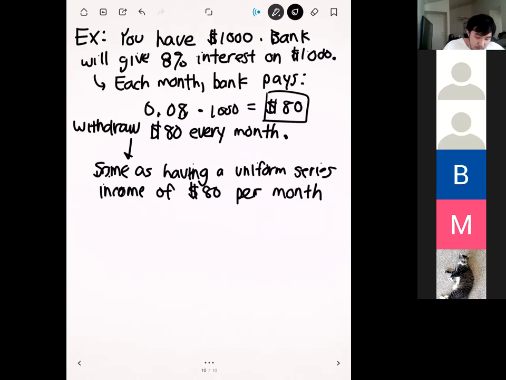And so in order to produce this $80 of passive income, what you had to pay up front was $1,000, right?